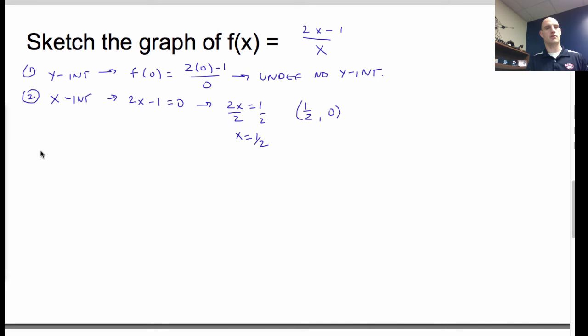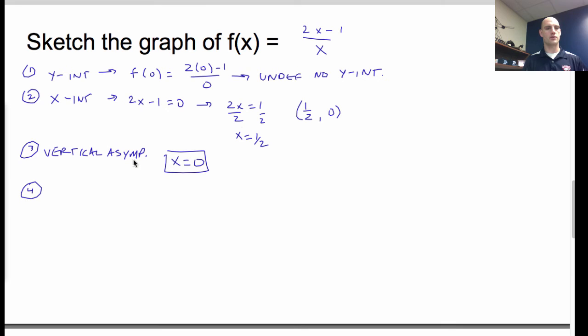That's where y equals 0. 3, vertical asymptotes. My vertical asymptote is going to be where I've got 0 in my denominator, and so x equals 0 is my vertical asymptote, because I just have an x on the bottom.